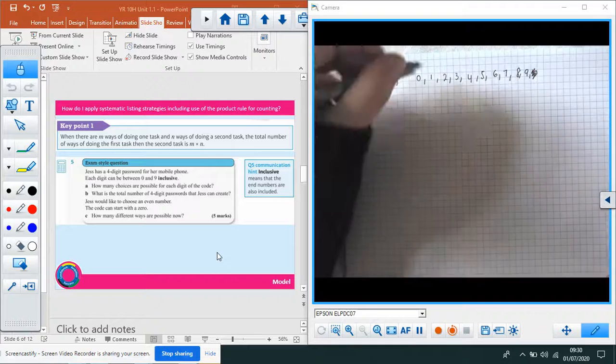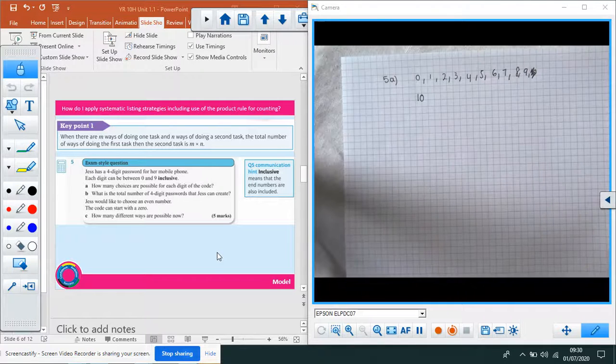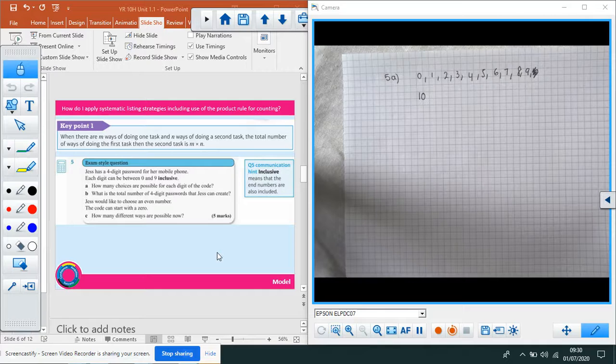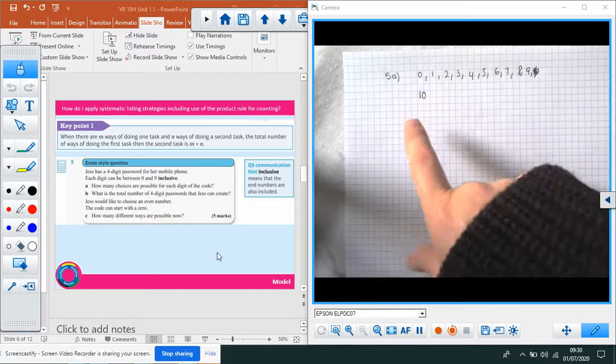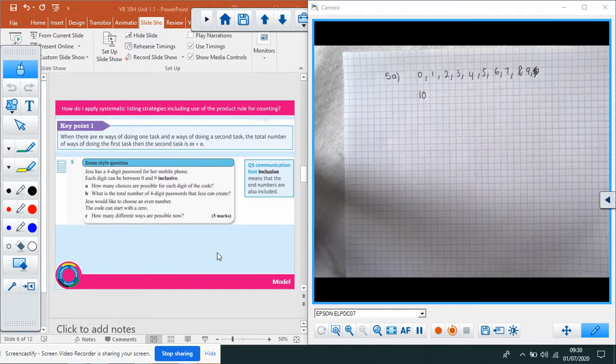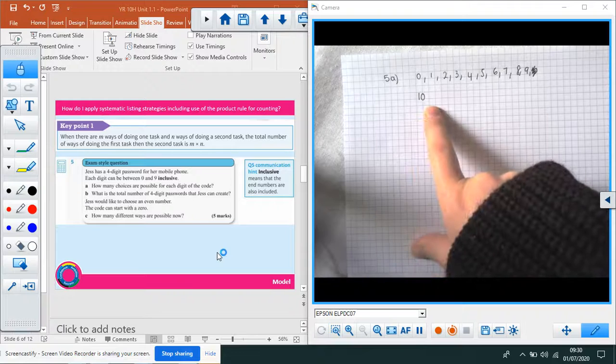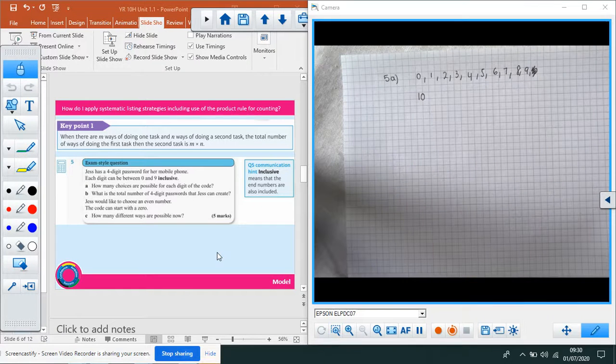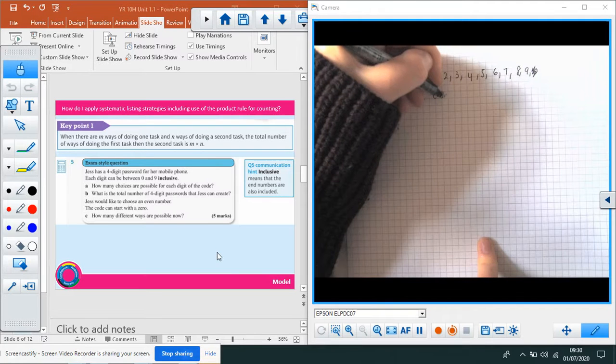Well, that's 10 different choices for each code, okay? They don't want to know the total possible outcomes for her 4-digit password. They just want to know how many different options she can have for each digit of the code. So there's 10 possible choices, okay? I'll put choices there.